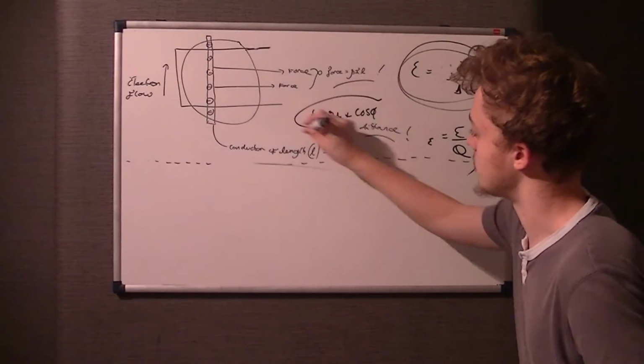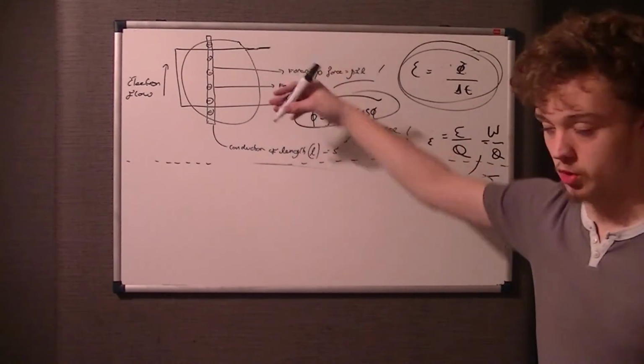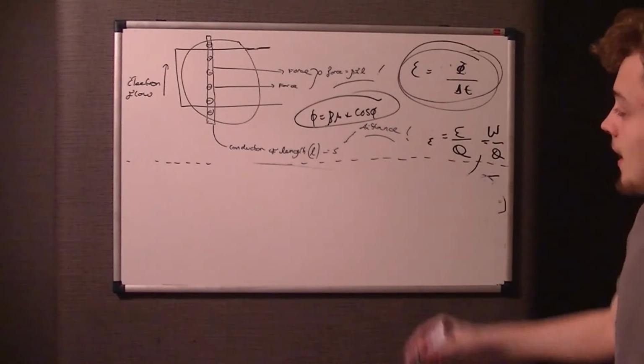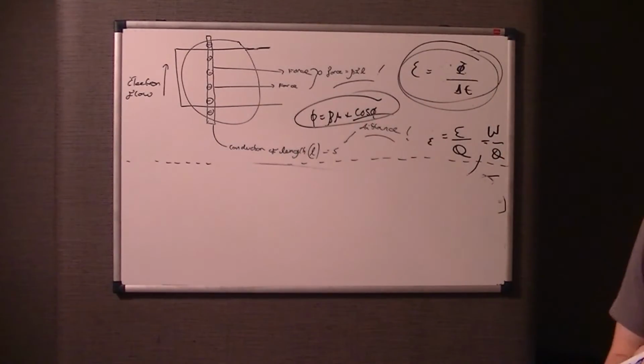Obviously cos theta is always 90 degrees for this when we're talking about this. So cos 90 equals 1, so it's just phi equals BA. But really, we've got this cos theta as well. And then you just times both sides by N to get the number of turns. Well, as I said, that's just something else if you wanted to go on and talk about that.